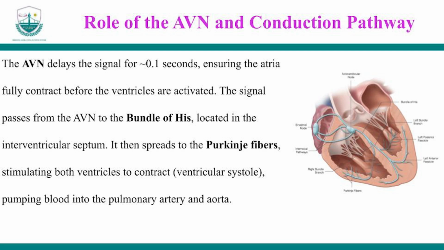From the band of His, the electrical potential will spread outwards through these fibers that we call the Purkinje fibers. Okay, so these Purkinje fibers are the ones that will stimulate the ventricles to contract and pump blood through the aorta and the pulmonary artery.